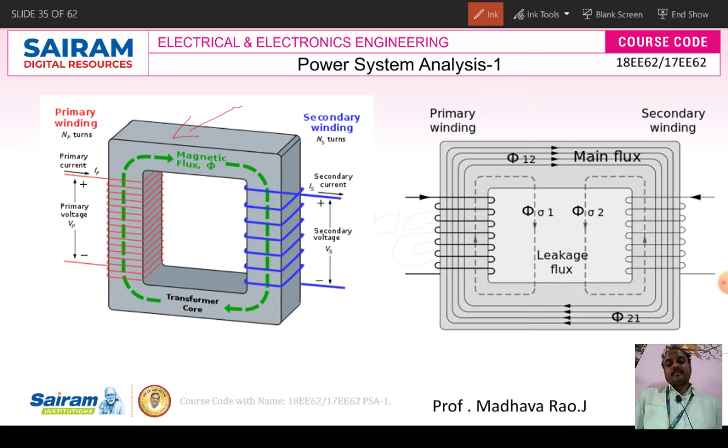So once the supply is connected, voltage is applied to the primary winding. Current will flow inside the primary winding. Due to the current flowing in the primary winding, magnetic flux will be produced. That is called electromagnetism. Here current is converted into magnetic flux.